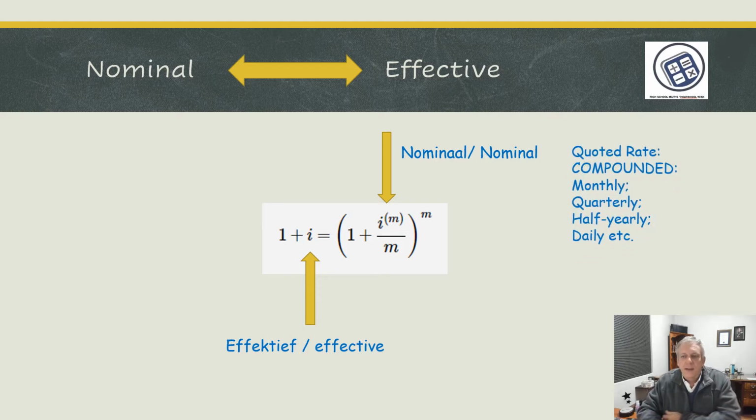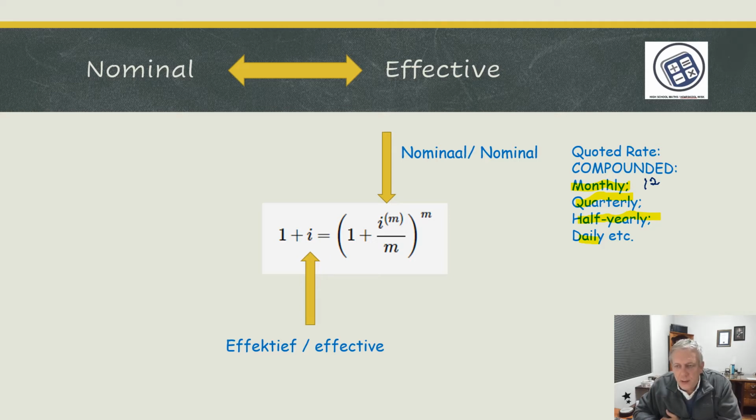And as I said, this is the rate quoted in time periods different than a year. So it can be quoted like, for instance, a monthly rate, or a quarterly rate, or a half yearly rate, or daily, etc. It's also important to understand that when it's quoted monthly, there will be 12 times that year interest received.